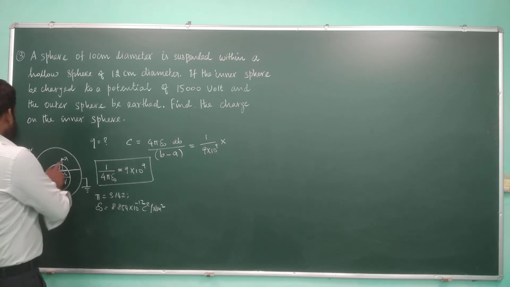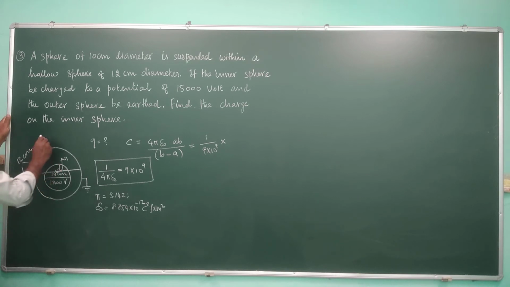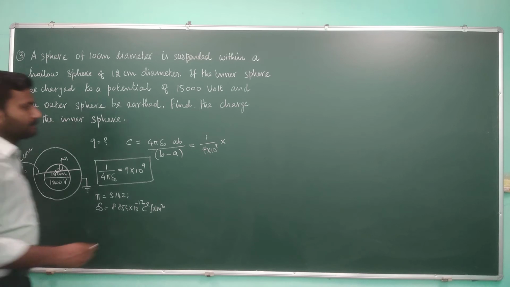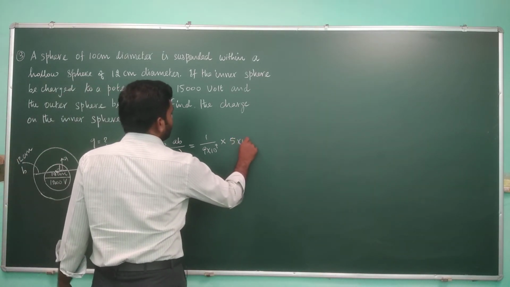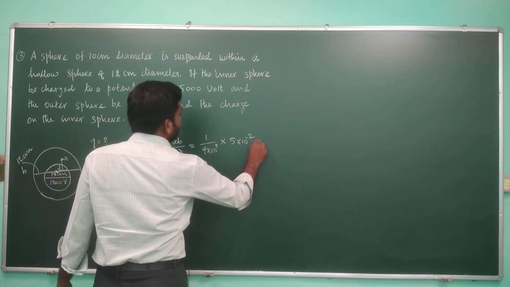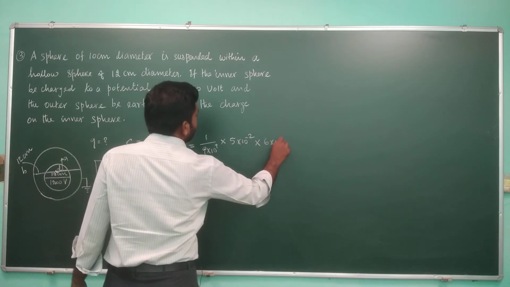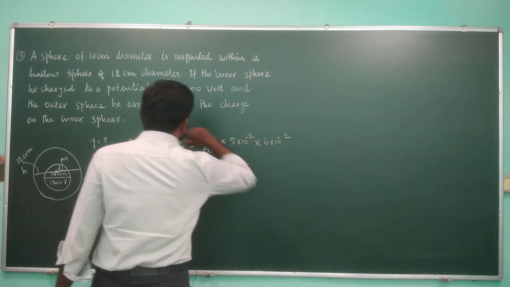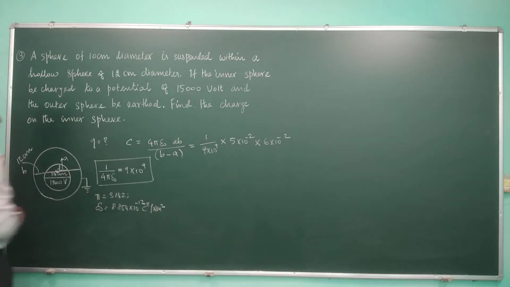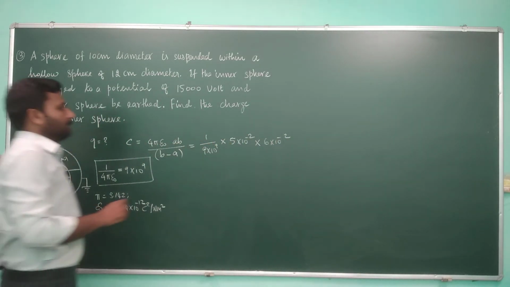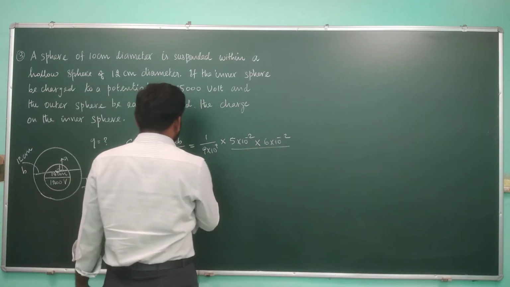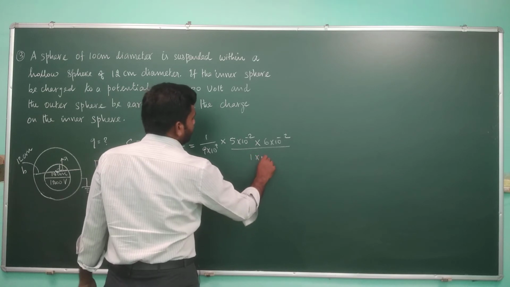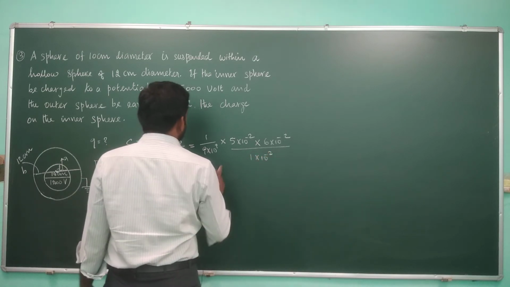Diameter of the inner sphere is 10, so radius will be half of that, 5 centimeter, 5 into 10 power minus 2 meter, multiplied by 6 into 10 power minus 2 meter, because it is 12 centimeter diameter, divided by B minus A, 1 into 10 power minus 2 meter.